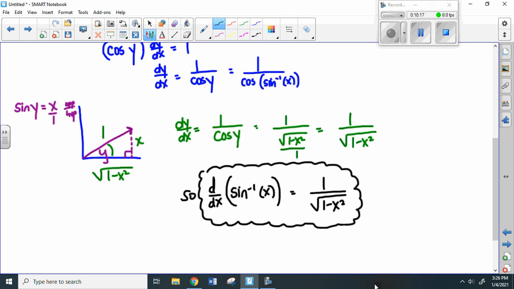Now, what I want you to do is do the other 5 inverse trig functions, and then see if you notice any patterns.